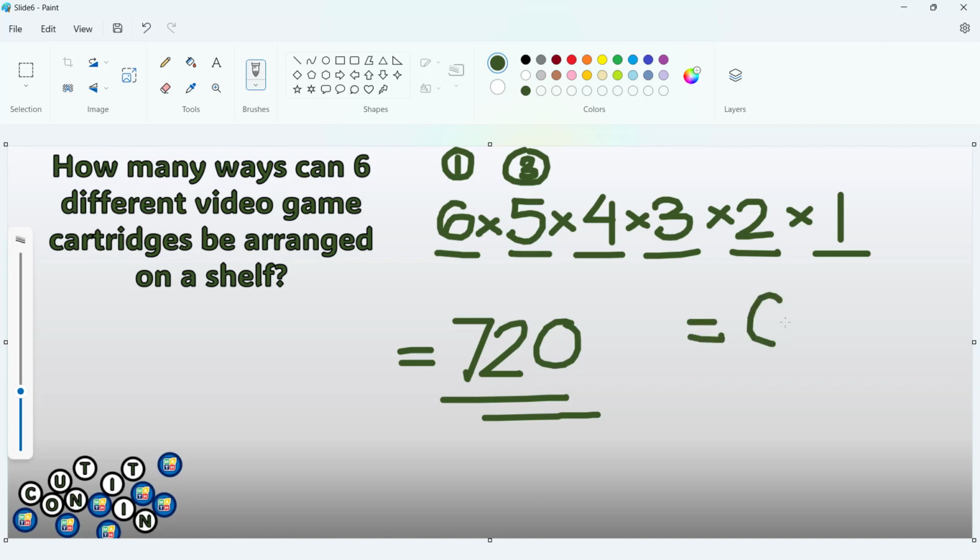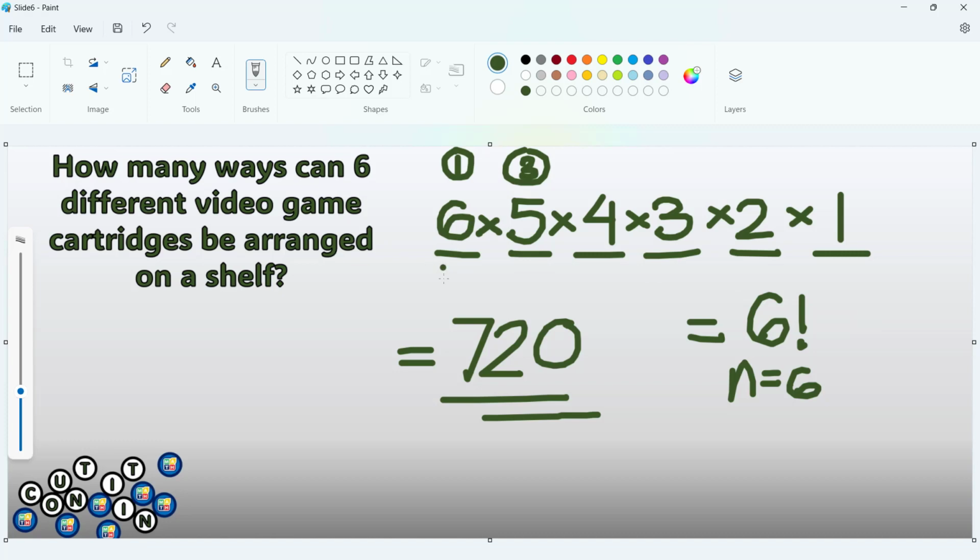You have 6 factorial. This means that we are multiplying n, which is our 6, by n minus 1, until 1. Our n here is 6, because we have 6 placements in the shelf and we have 6 video game cartridges.